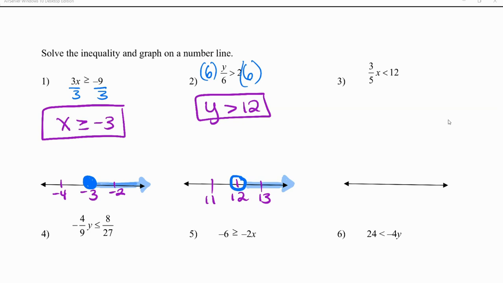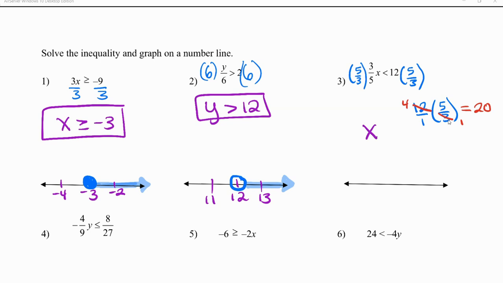For 3, we have 3/5 times x, so we're going to multiply both sides by the reciprocal. The reciprocal of 3/5 is 5/3. You can multiply the numerators and then the denominators, or you can cross cancel. 12 over 3 is 4 over 1, and 4 times 5 is 20.